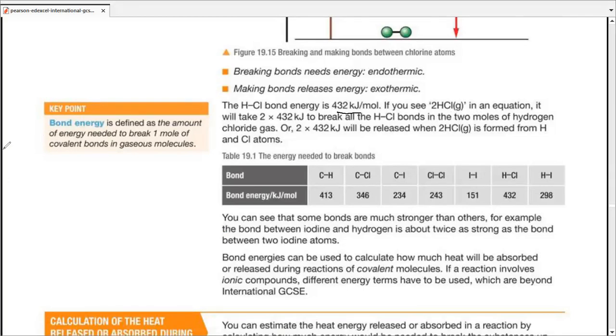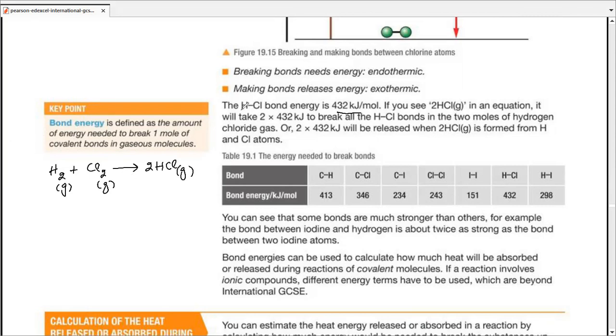I hope you understand. If you don't, let's write the equation over here to help us with it. This is the equation for formation of HCl. Since hydrogen and chlorine are gases, they also produce the gas hydrogen chloride.